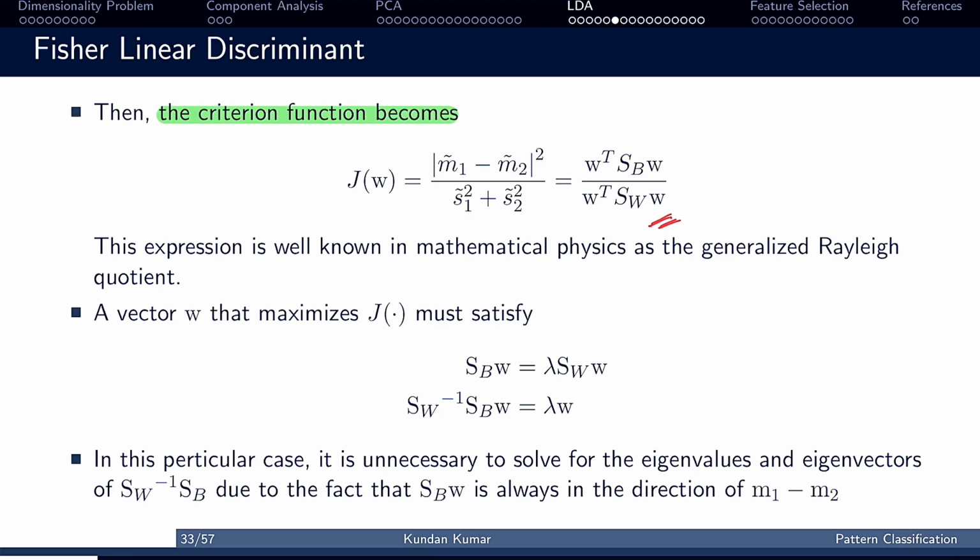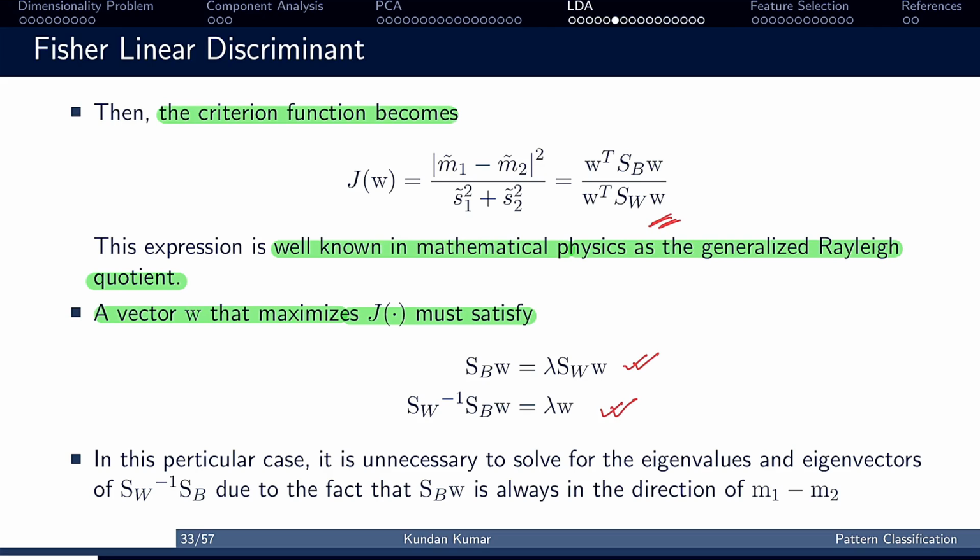So this criteria function is well known in mathematical physics as the generalized Rayleigh quotient. So now we have to maximize this criteria function with respect to W. A vector W that maximizes the criteria function must satisfy this expression, and if we multiply both sides by SW inverse, then we will obtain this expression.